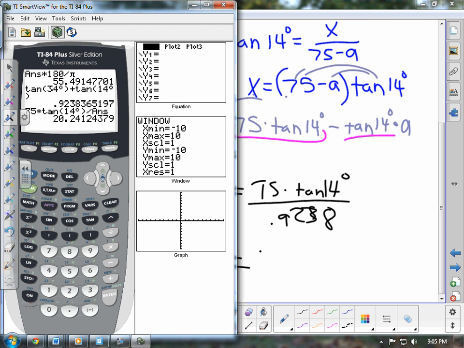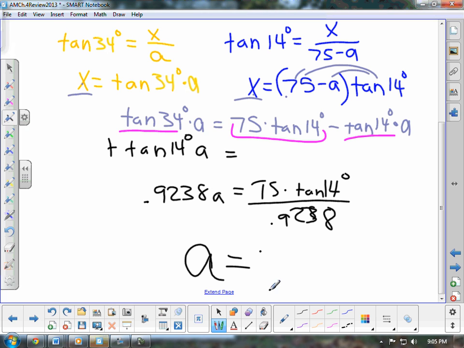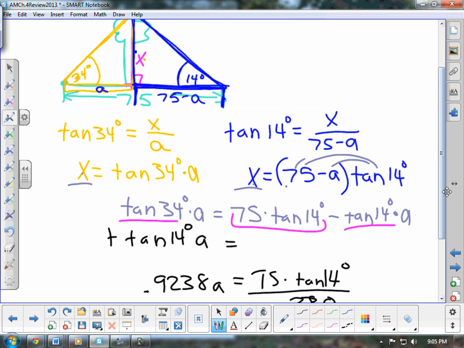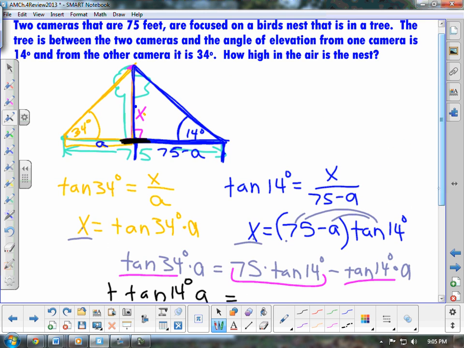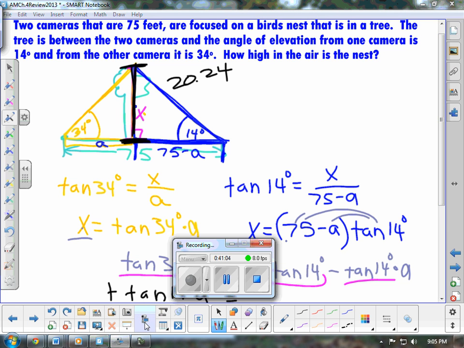And x is going to equal 20.24 feet. And so now we know that this distance from here up to the bird's nest is 20.24. And that concludes this review for the second part of your test.